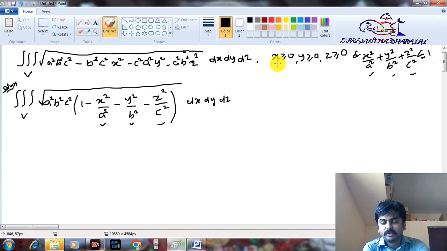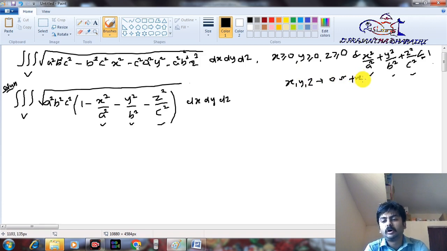After that, we are having the limits x greater than or equal to 0, y greater than or equal to 0, z greater than or equal to 0, which means x, y and z are 0 or positive.